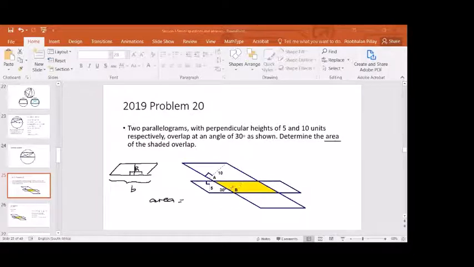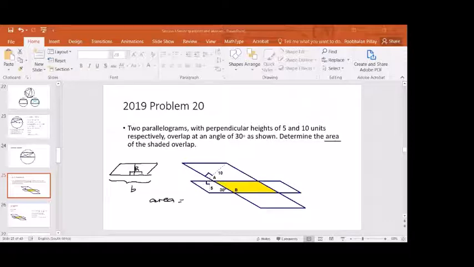Another interesting thing is that they say this angle here is 30 degrees. If you look at this picture, you've got 30 degrees here, and the height is 5.